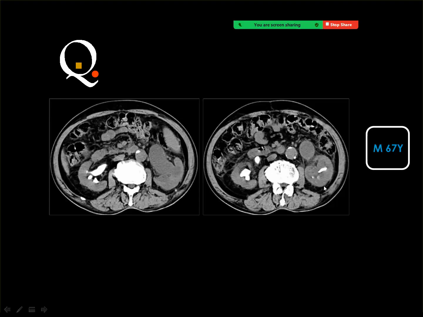On the right side, you can see multiple renal stones with considerable distension of the renal pelvis. This distension may be due to a ureteric stone, or maybe due to pelvic-ureteric junction obstruction, and you should see the remaining part of the exam to differentiate between both.